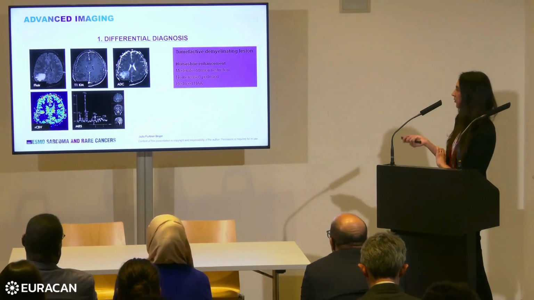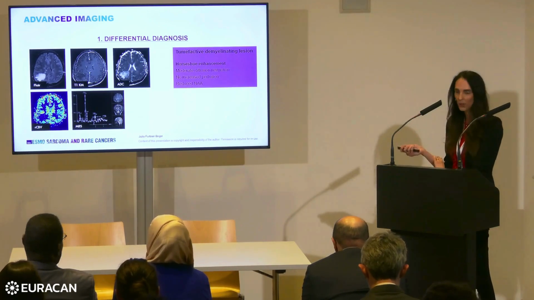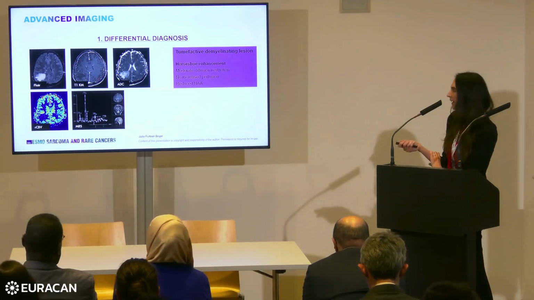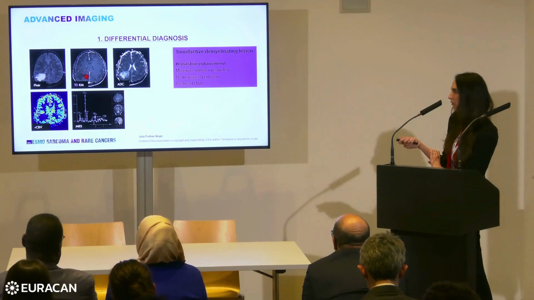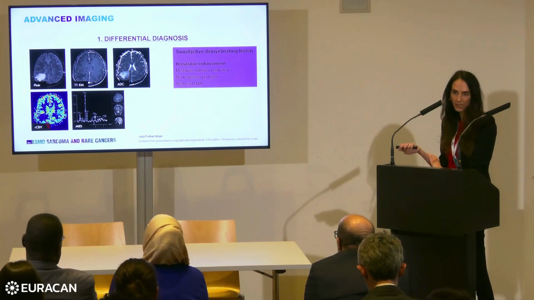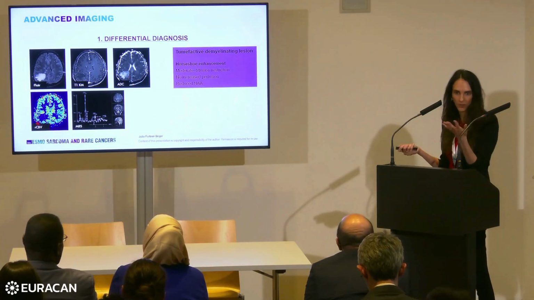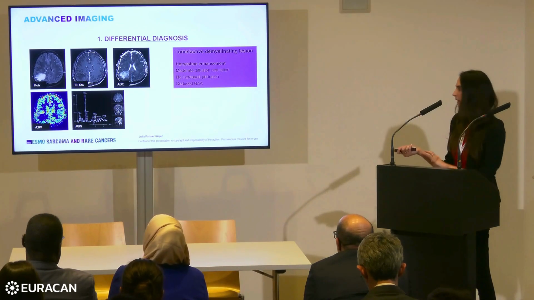And there are these tumefactive demyelinating lesions, and as you can see, this is our case. So we have kind of an open-ring contrast enhancement, which is very faint in this case, a moderate diffusion restriction, and decreased perfusion because it's not a brain tumor, and a high choline peak due to the inflammatory reaction.